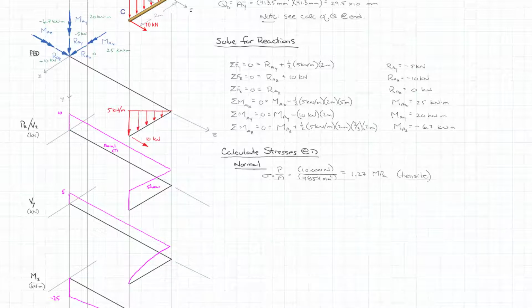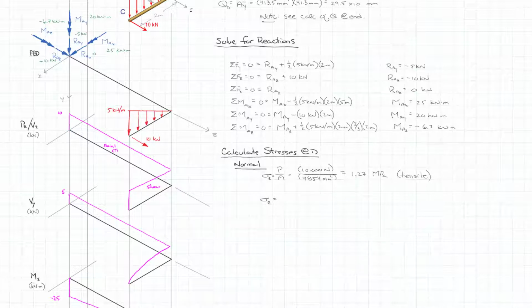And now we're going to go down, we're going to do our normal flexural stresses, and so we're going to do our stress in the Z direction as a result of bending about the x-axis. So stress in the Z direction, because that's also in the Z direction.